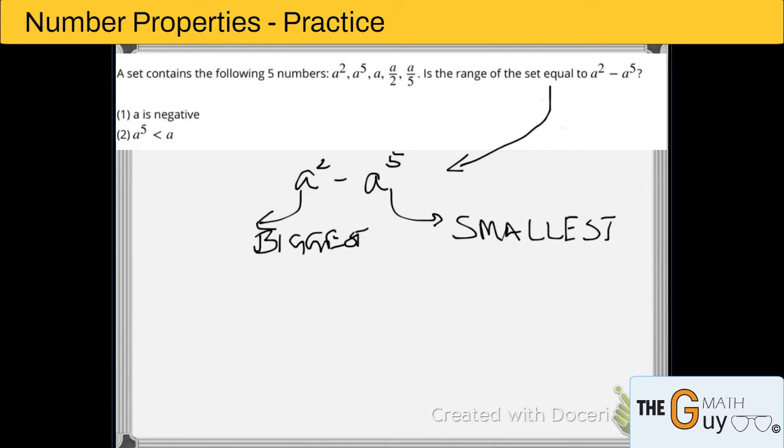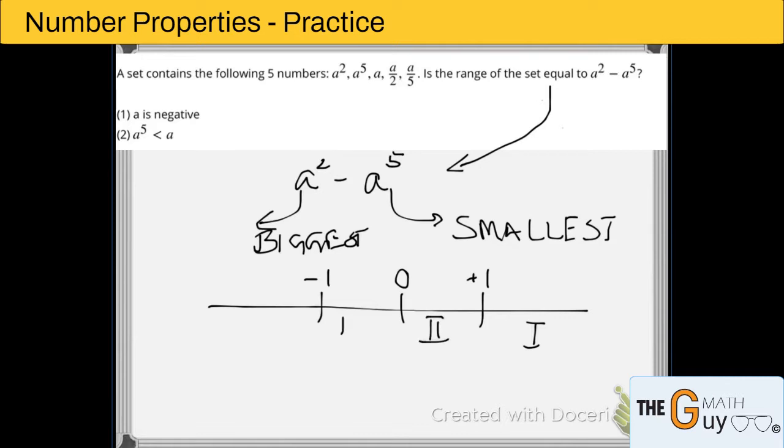Now I'll try to think of different values for a. For this, on the number line, I'll look at 4 different segments. This is 1, 0, negative 1. First we'll look at segment 1, then segment 2, segment 3, and segment 4.